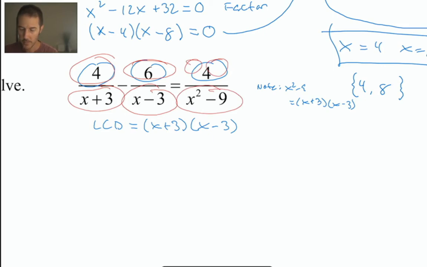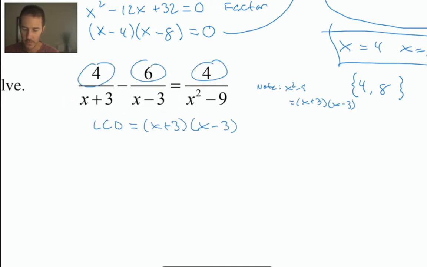But remember, what you do to one side of the equation, you have to do to the other. So we have to multiply the same stuff into all of those numerators. You can't just multiply an x plus 3 into one of them and then x minus 3 into the other one. Okay, you have to be even-handed about it. So I'm going to write the whole thing out.